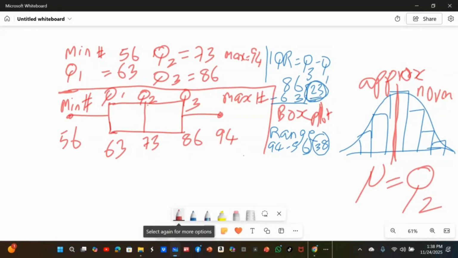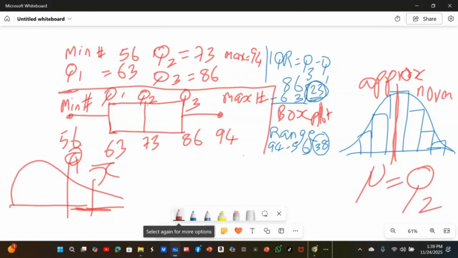When the data is skewed right, we say that the mean is greater than the median. So this is a diagram of a skewed right distribution. In any skewed right distribution, there is an outlier on the right-hand side, so the mean is greater than the median.